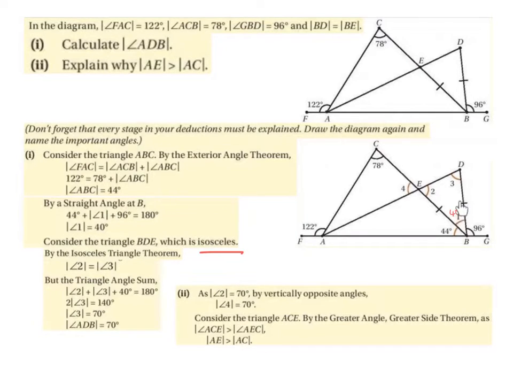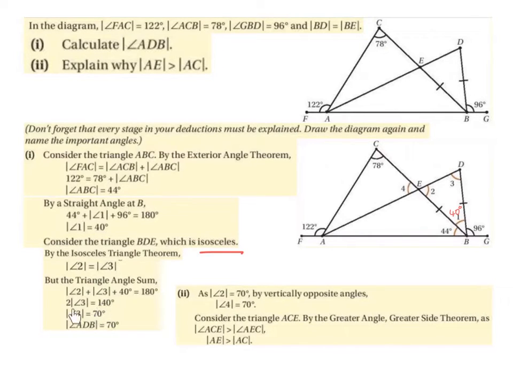We know that the angles in a triangle all add up to 180 degrees. So angle 2 plus angle 3 plus 40 degrees gives 180 degrees, and these two angles are the same because it's an isosceles triangle. So 2 times angle 3, or 2 times angle 2, gives 140, because 180 minus 40 is 140.